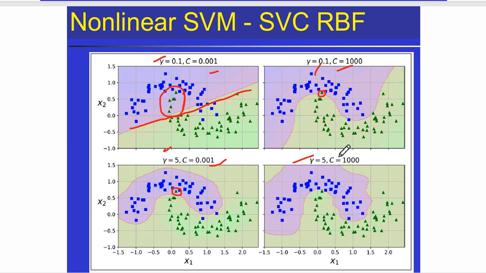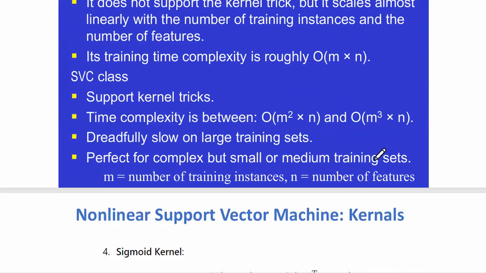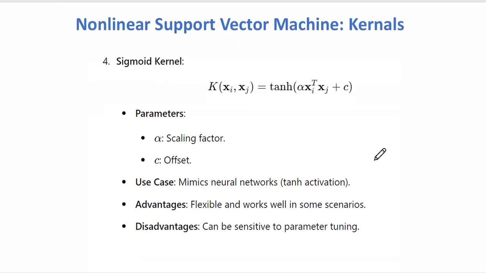If gamma equals 5 and C equals 1000, let us see, we are getting a curve that separates both the blue class and the green class. Maybe these are the best values to separate the green class and blue class points. Clear?